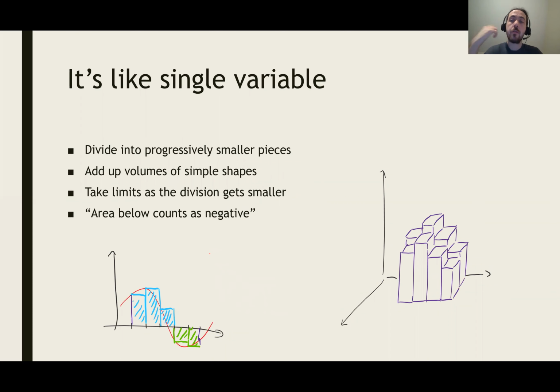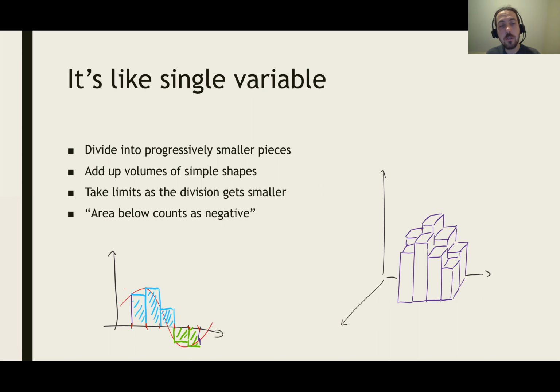So double integrals, as I said, are like single variable integrals, and we define them in kind of the same way. When we were doing single variable integration, we took our graph here and divided up the region underneath it into little tiny spaces.